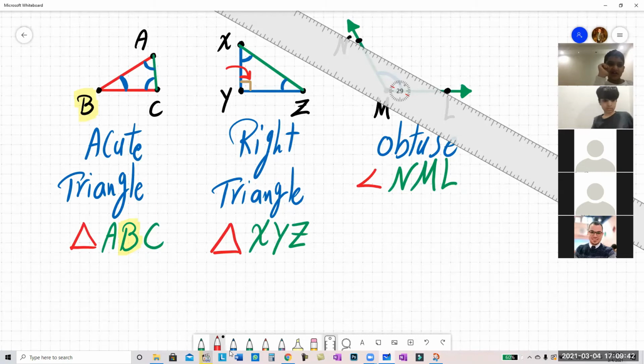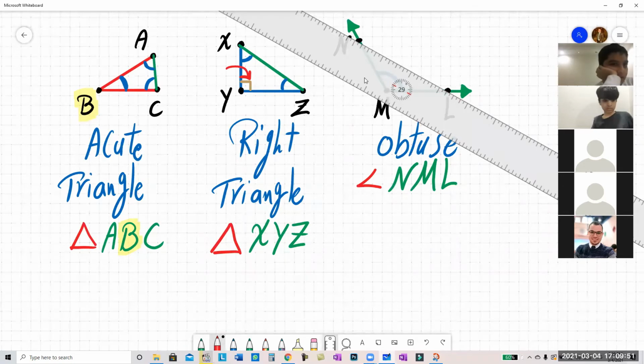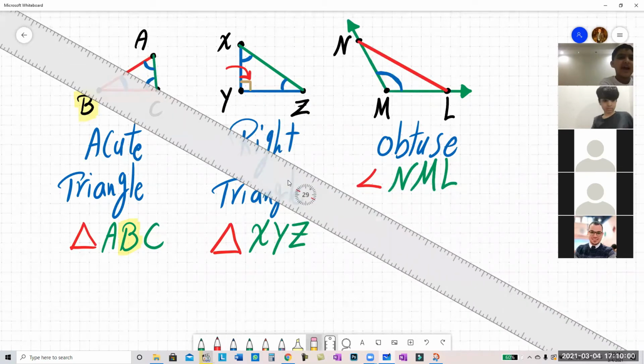So here, if we draw a line here, to make it a closed shape like that. Okay, and then let's erase the arrows here.